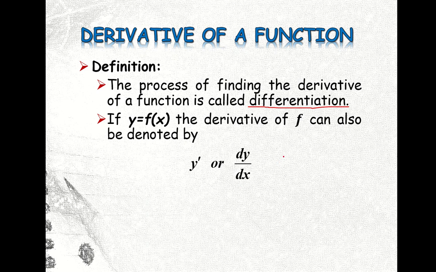Okay, so we have even the Euler's notation, something like this. So this also indicates derivative. And we also have something like this, as you have seen in the previous slides.